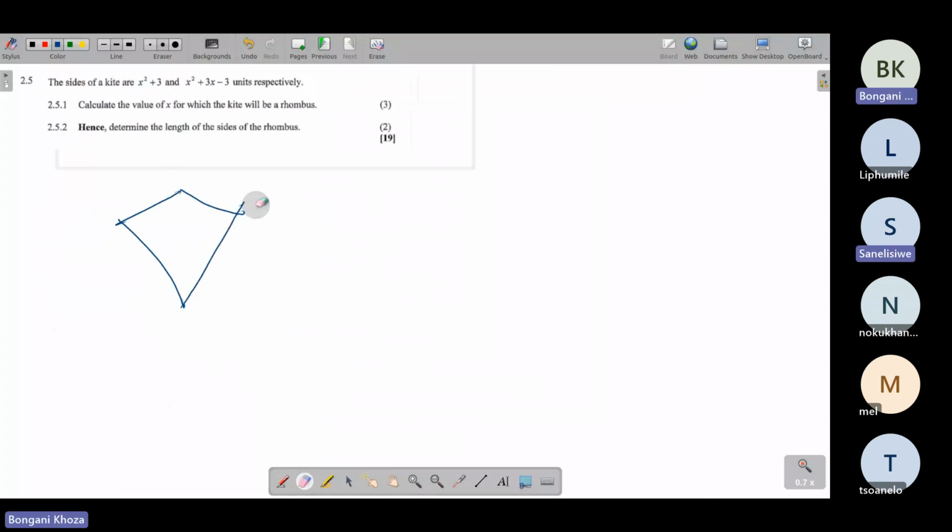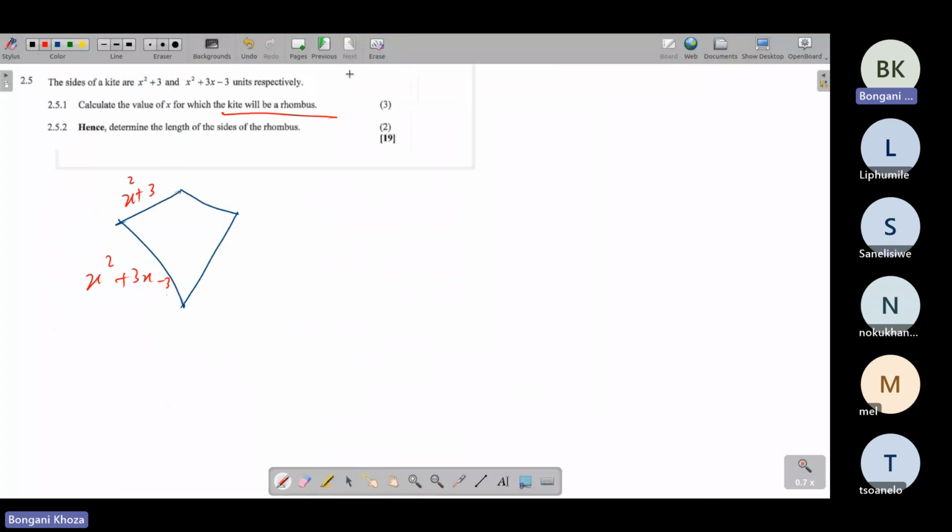We are told that one side is x squared plus 3. The other side is x squared plus 3x minus 3. We're supposed to calculate the value of x if the kite will be a rhombus.